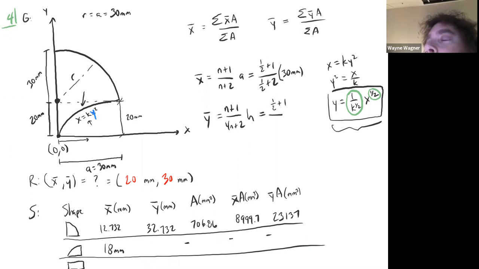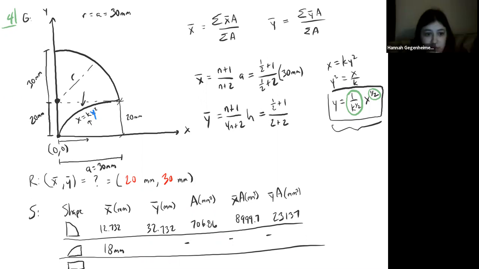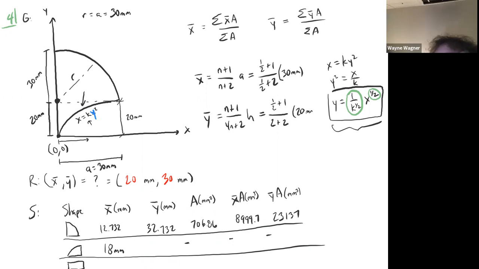On the bottom, we've got 4 times 1/2, so that's 2 plus 2. And then h is what in this case? Is it the 20 millimeters? Yep, 20 millimeters. So we've got 1.5 divided by 4. So that's 15 divided by 40. 0.375 times 20 equals 7.5.